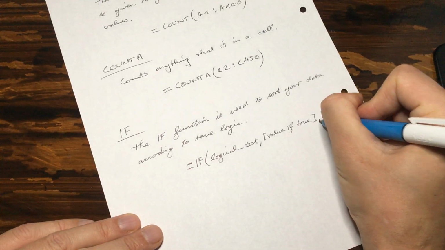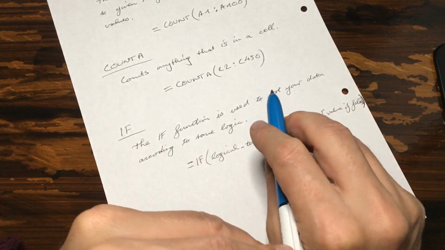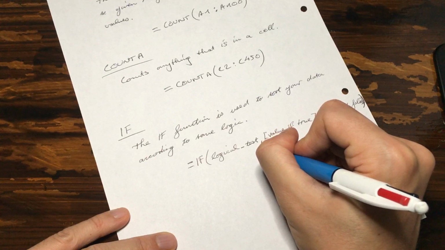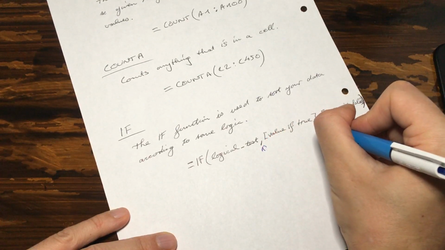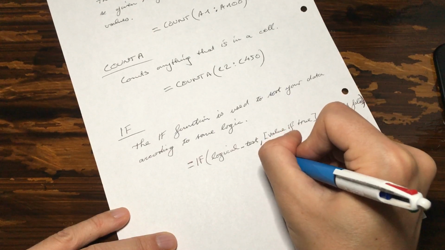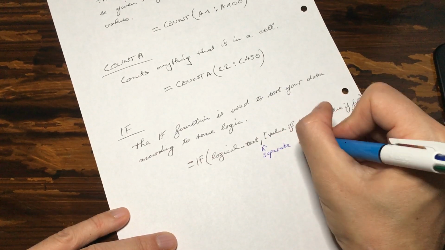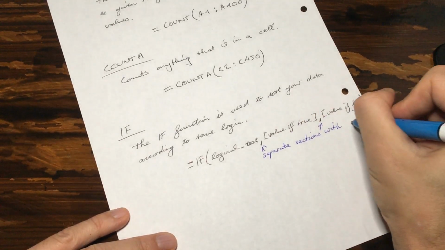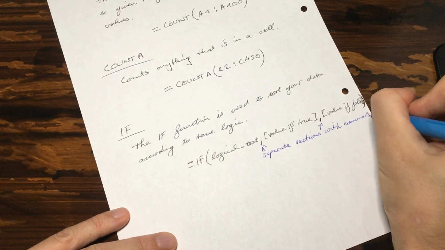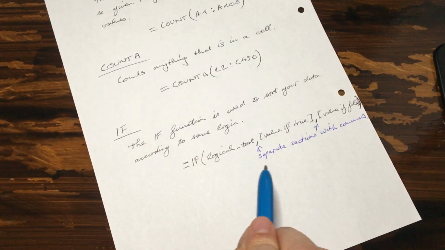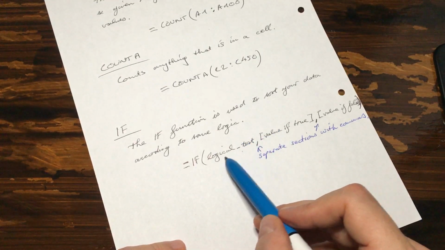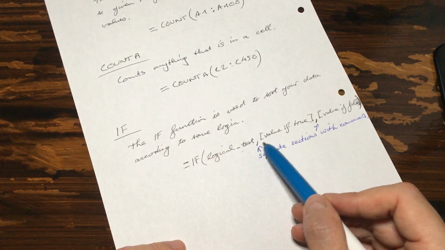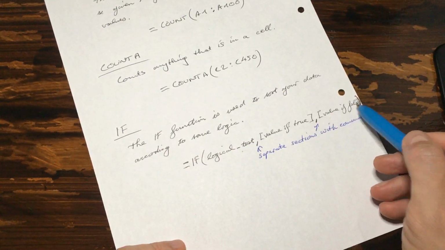So what you need to always remember, I'm going to do it in a different colored pen, separate sections with commas. Okay, now as you can see, there is basically the first part, which is your logical test, and then if this is true, that's what goes in here between these commas, and if it's false, that's that bit there.